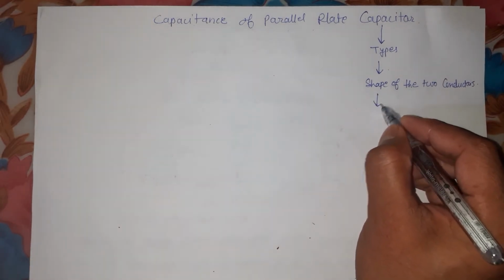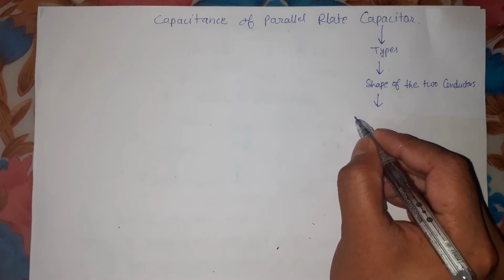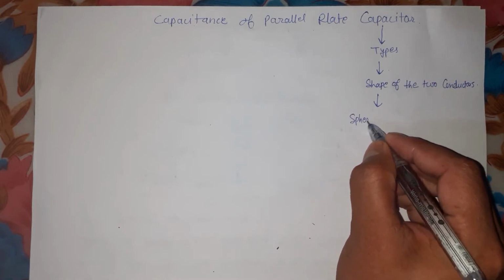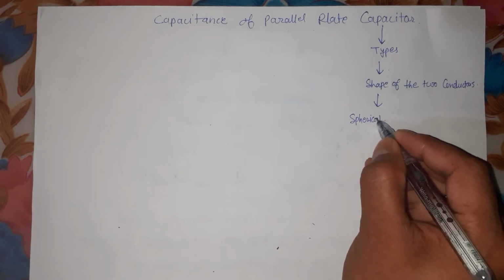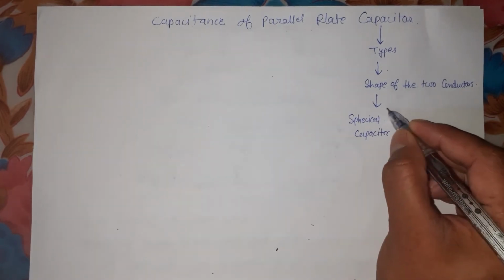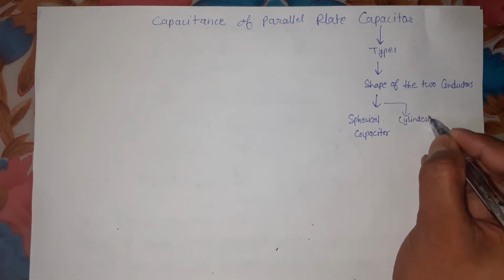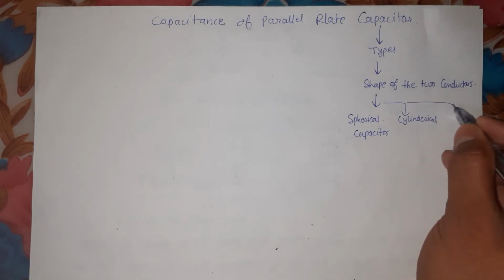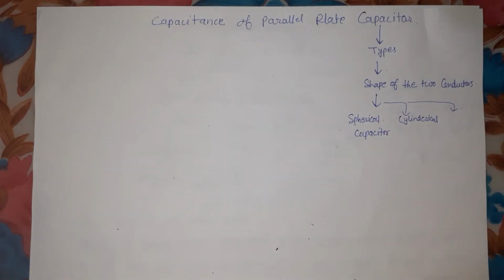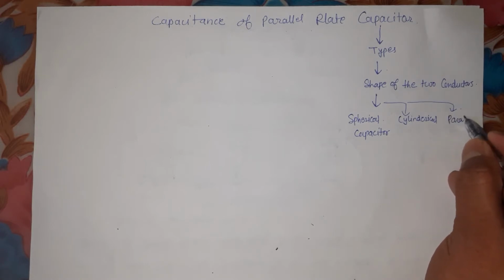So student, over here we can have a spherical shape, then it becomes a spherical capacitor. If we have a cylindrical shape, then it is a cylindrical capacitor. And if we have parallel plates, then this capacitor will become a parallel plate capacitor.